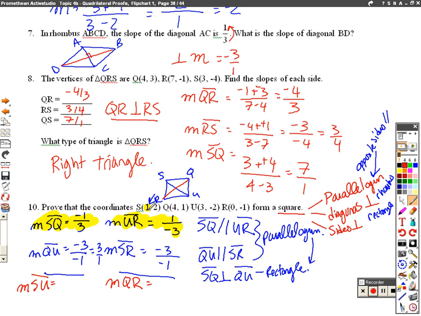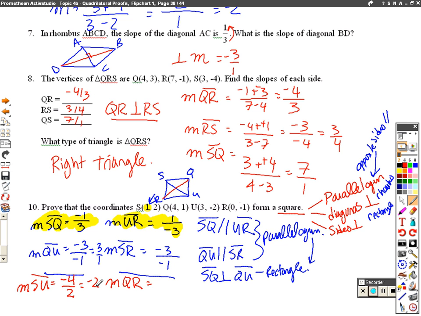So SU will be negative 2 minus 2, so that's negative 4, over 3 minus 1, which is just 2. So that slope is negative 2.